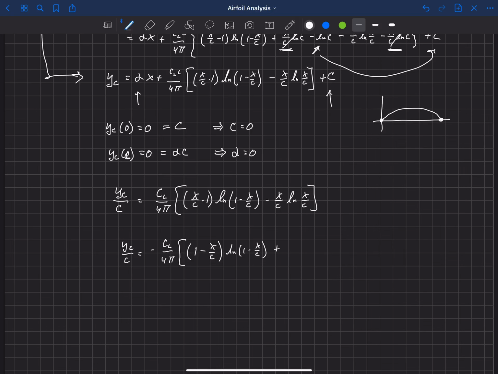And then we have that minus out front, so that becomes a plus x over c natural log of x over c. So you might see it written this way, but anyway, both of these are the NACA 1 series camber line, and it comes from the uniform load camber line. So next we're going to look at some results from this and see what the pressure distributions look like.